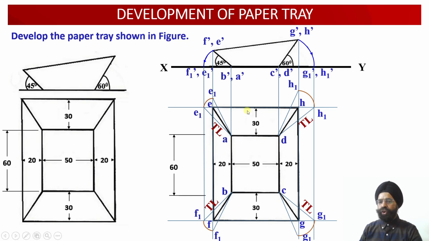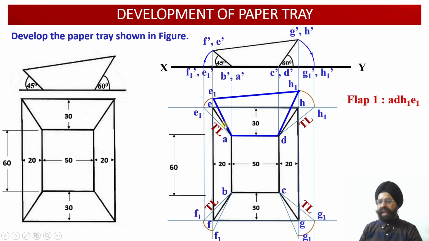And now we can join the points E1 H1 over here, we can join the points E1 F1 over here, we can join the points F1 G1 over here, and we can join the points H1 G1 over here. And now we can see we have been able to obtain the true shape of the surface ADHE over here.